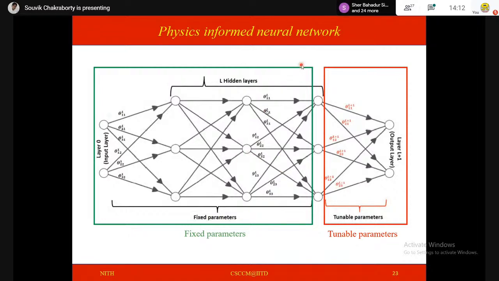So this knowledge is conserved. We are not touching this knowledge. Whatever knowledge has been gained, we are reusing it. And this part is tuned to gain additional knowledge. So this is what we call transfer learning: transferring the learning from the previous load step or displacement step to the next displacement step.